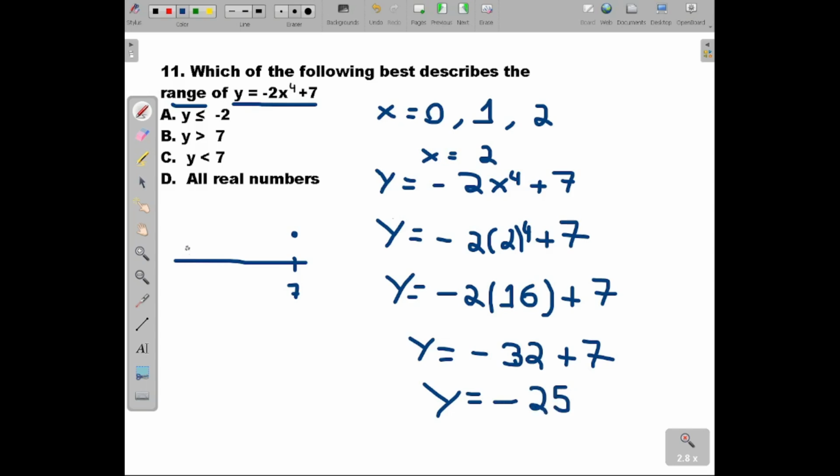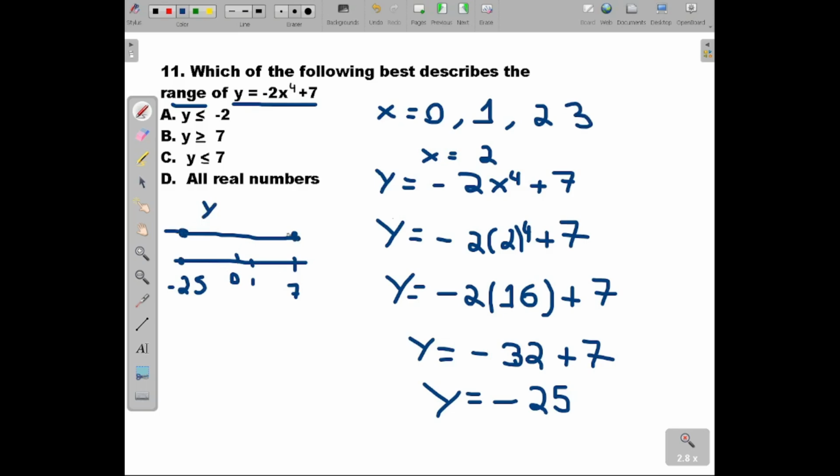So that means that y can have the values from 7 to at least negative 25. So it could be 0, it could be 1, and so on. Negative 24. The values of y must be in this range from 7 to negative 25.